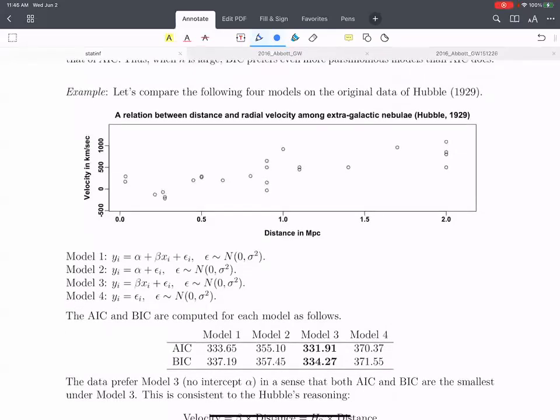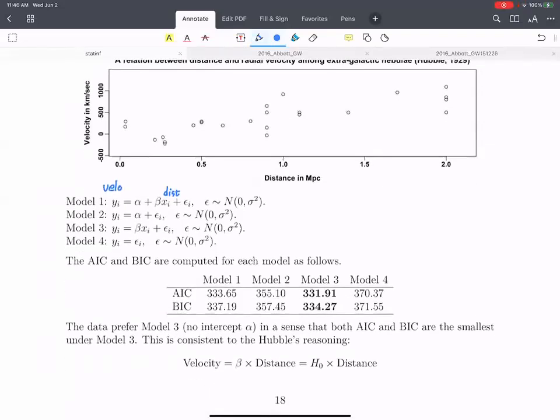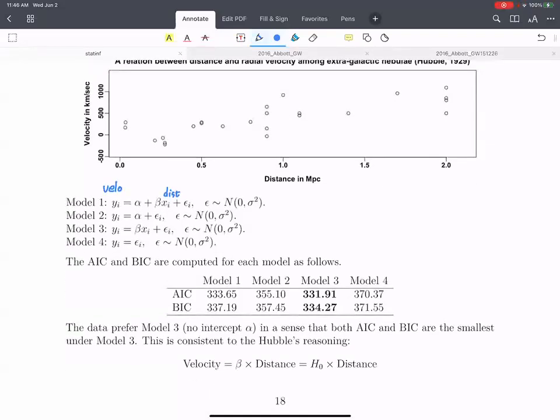For example, in model 1 the velocity is a linear function of distance, or in model 2 the velocity doesn't depend on distance, in model 3 the velocity only depends on the distance with no intercept, and model 4 specifies that velocity is determined, no matter what, by random. I calculated the AIC and BIC for these 4 models, and it turns out that model 3 has the smallest value of AIC and BIC.